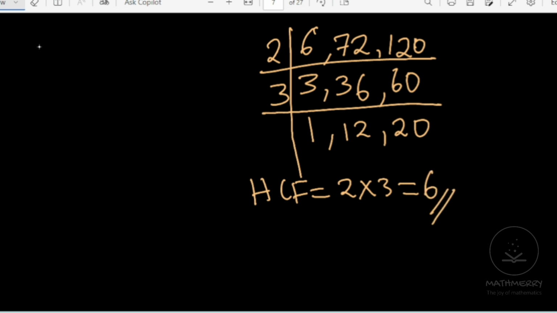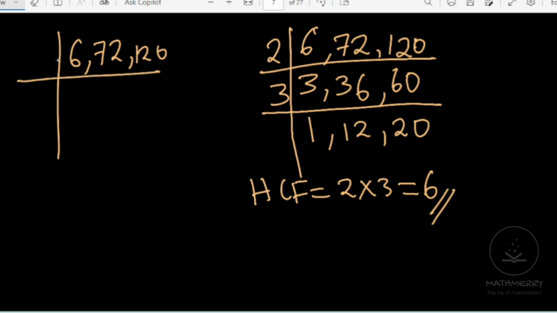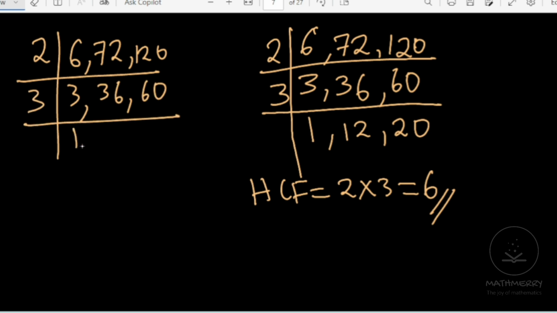Now if you're trying for the LCM, again with 6, 72 and 120, we will do the same. We can divide with 2 and we will get 3, 36 and 60, and again we can divide with 3, so we will get 1, 12 and 20. Now in the case of LCM, if there are common factors for two numbers, then also we can divide. For example, 12 and 20 have a common factor. What is it?